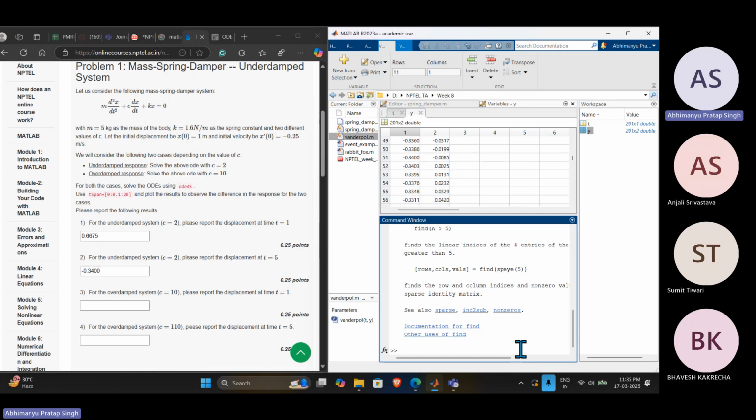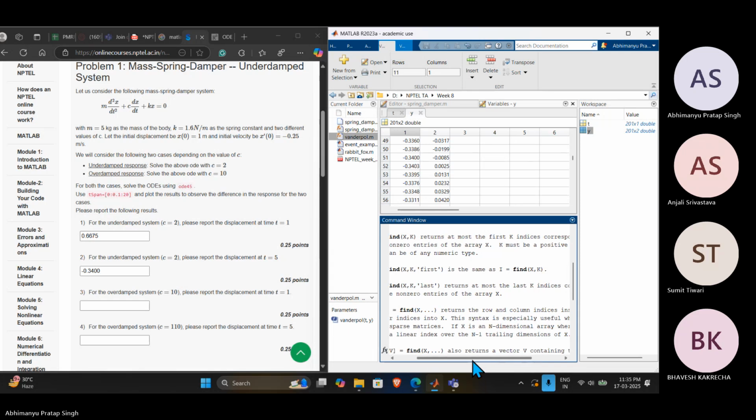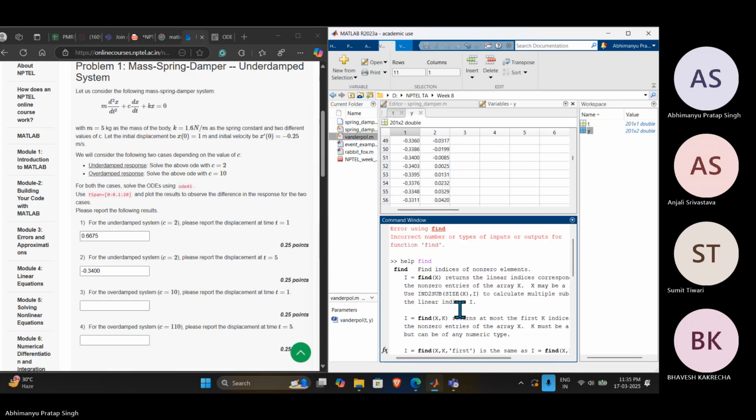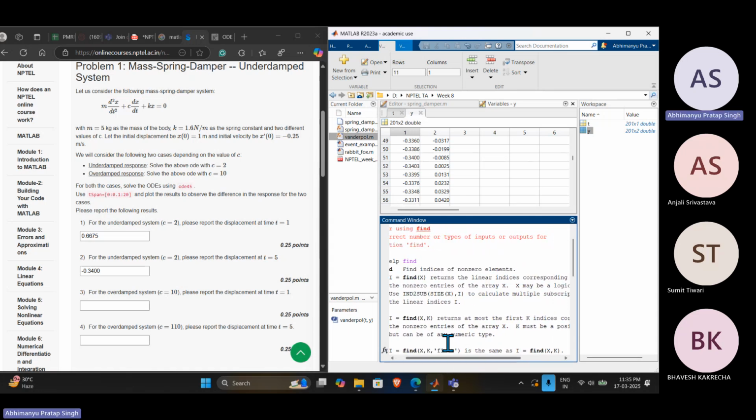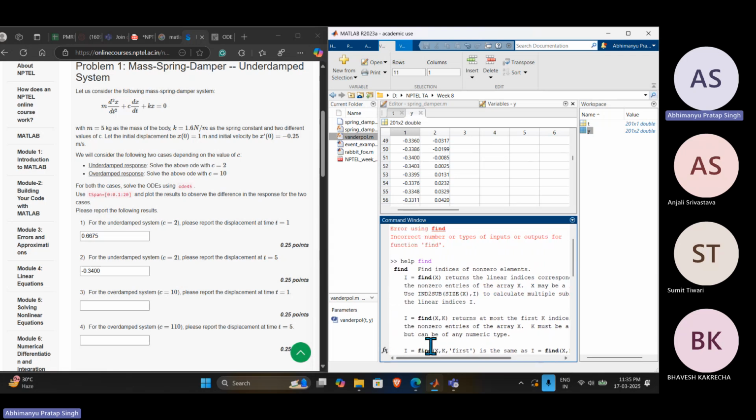Let's check. Non-zero entries in X. K must be a positive integer but can be of any numeric type.